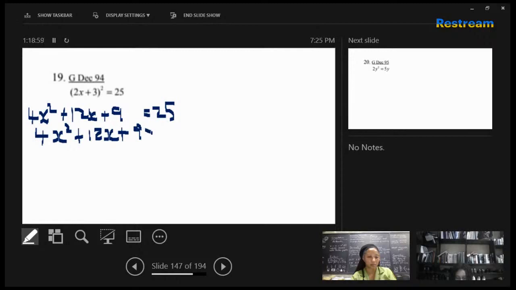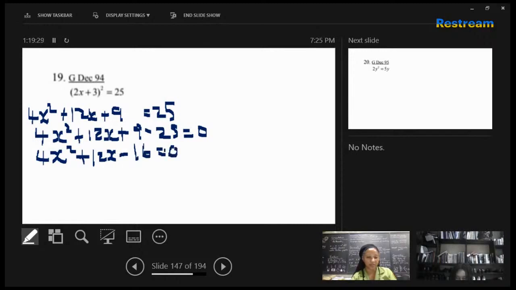minus 25 is equal to 0. So 4x squared plus 12x, minus 16 is equal to 0.